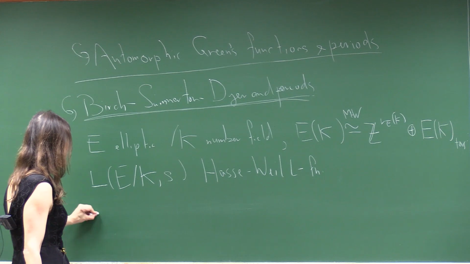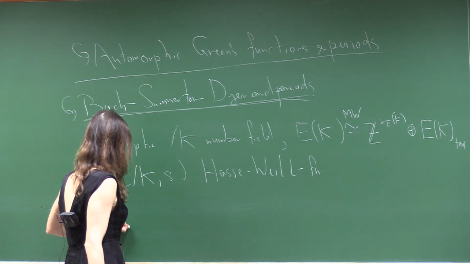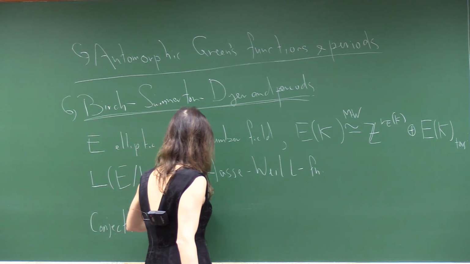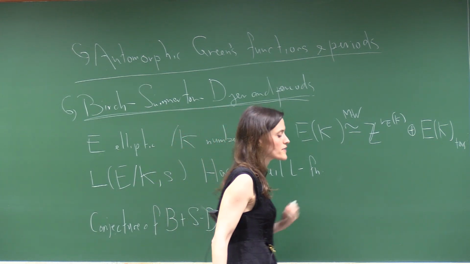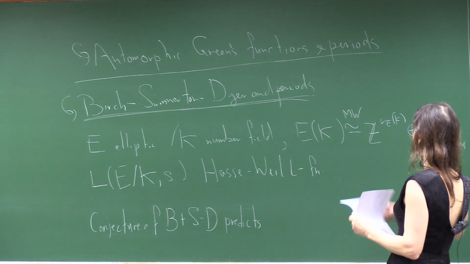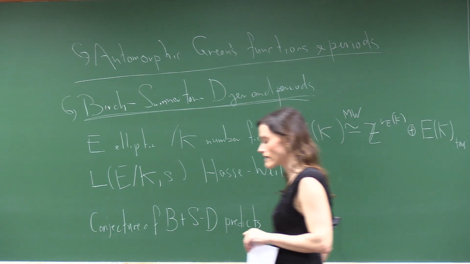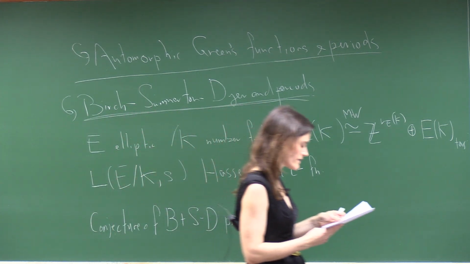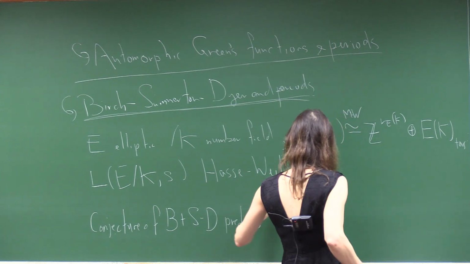And the conjecture of Birch-Swinnerton-Dyer predicts, among other things, that the order of vanishing at the central point is equal to the rank of the group of k rational points, but actually that the leading term in the Taylor series expansion. Yeah, okay. Let me just write this out.